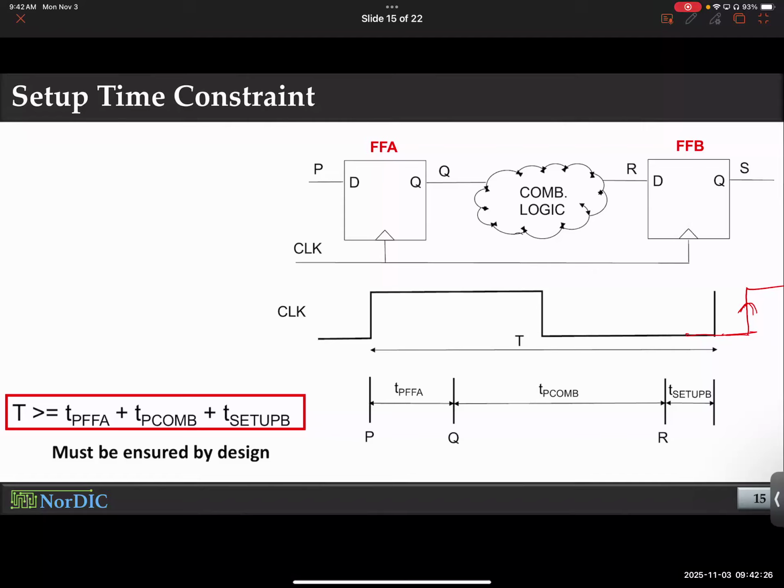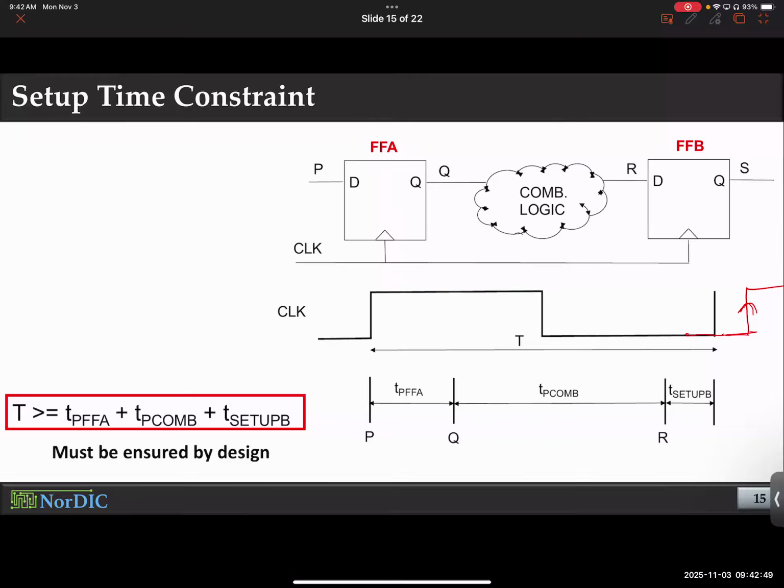By the way, that's a good perspective. Let me clarify. Hold time starts after the clock edge has appeared. So if your clock edge hasn't appeared, there is no concept of hold time at all. Why do we have this concept of hold time? Once the clock appears, I start responding, and once I start responding, I want you to let me finish.